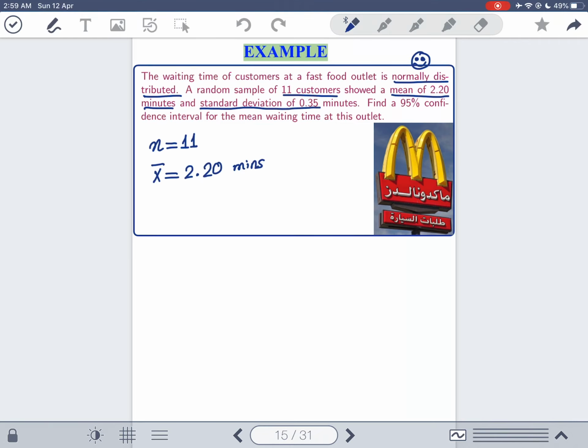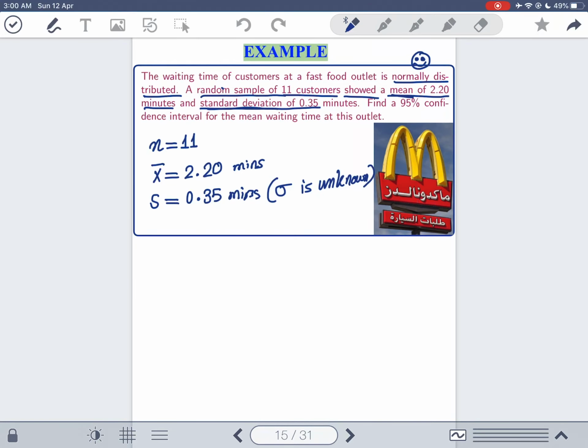Now, is this the population or the sample standard deviation? Of course, if you read it, a random sample showed a mean and the standard deviation. So this means that this is the standard deviation of the sample, S. So this means that sigma is unknown. Now, S is 0.35 minutes, and we get from this that sigma is unknown.